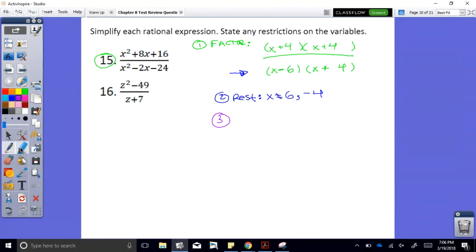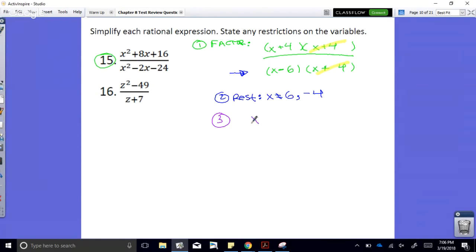So if we look, we have this x plus 4 in common. So we can get rid of the x plus 4's, and then we can rewrite what's left. We're left with an x plus 4 in the numerator and an x minus 6 in the denominator. And we are done with 15.